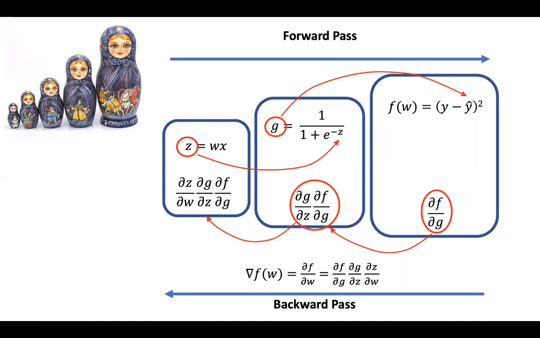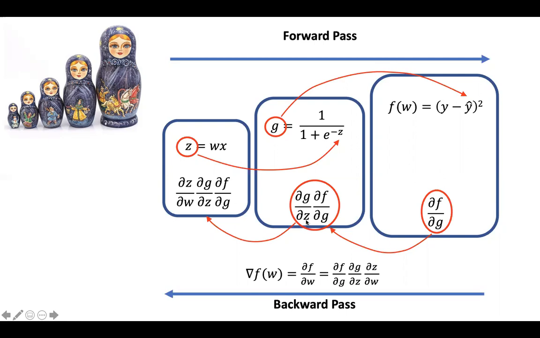And then we need to compute the gradient, which is backpropagation, or the backward pass. If you want to compute the gradient of the function, you start from the first doll, the loss function, and compute the local gradient of the loss function with respect to the local argument.